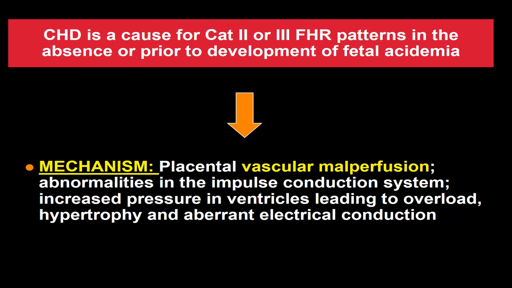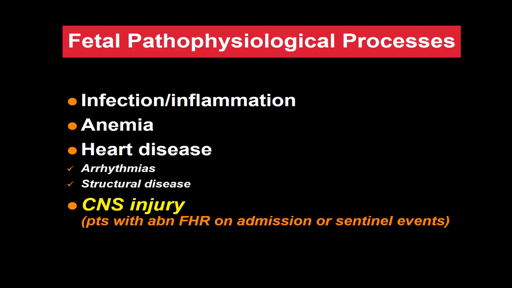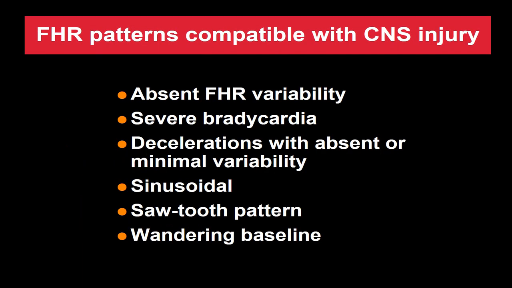The mechanism by which congenital heart disease can cause abnormal heart rate patterns in the absence of fetal acidemia include placental vascular malperfusion lesions and also abnormalities in the impulse conduction system, increased pressure in ventricles leading to overload, hypertrophy, and aberrant electrical conduction.